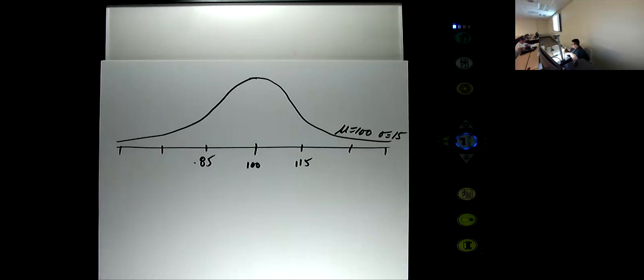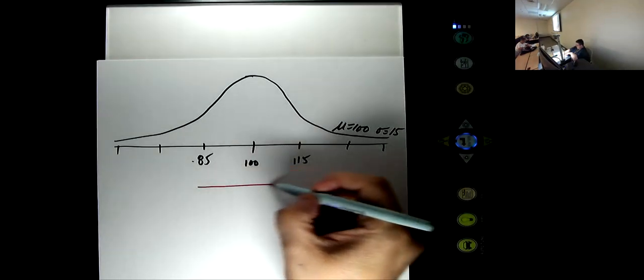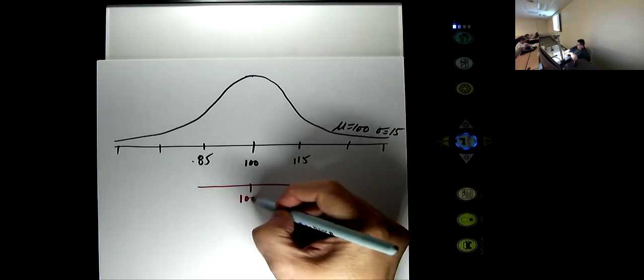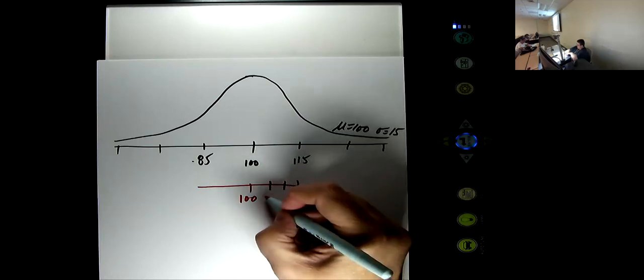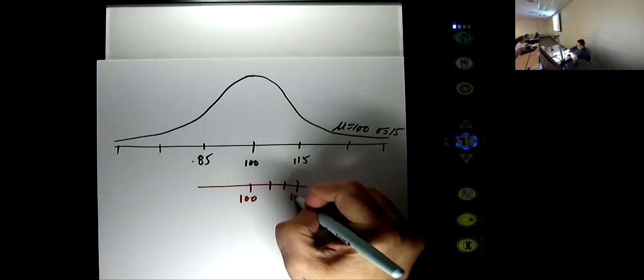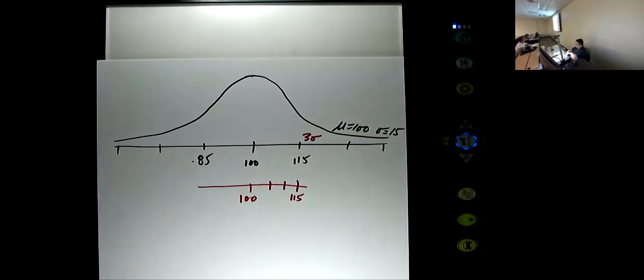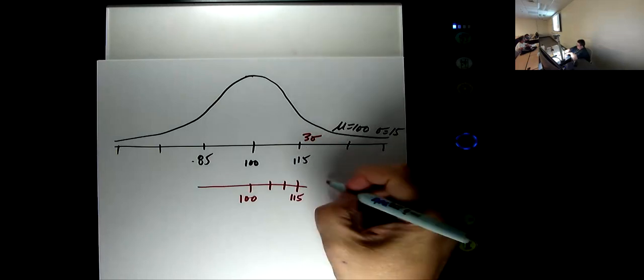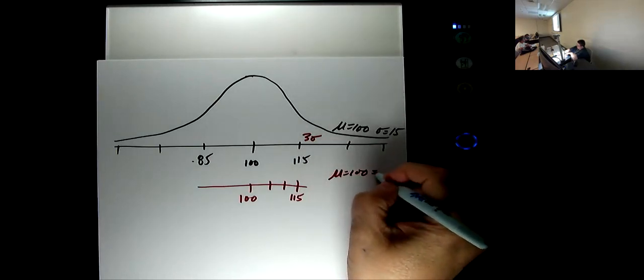Now, by doing 25 groups, we're down to, let's do the 9. Let's do 9 groups. For the 9 groups, we're still along the 100 here, but each deviation goes to the right 5. So 115 is actually 3 deviations for mu equals 100, standard deviation equals 5.